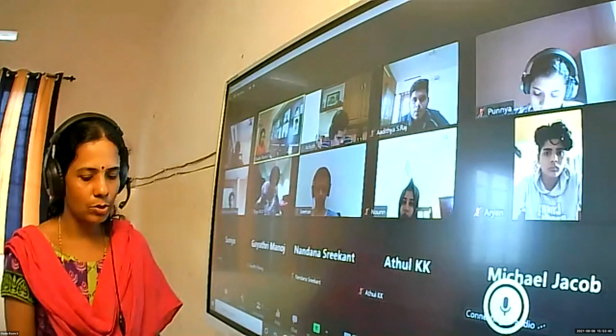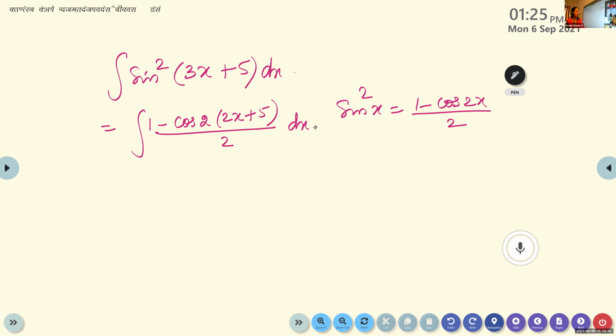So sine square 3x plus 5 will become integral of 1 minus cos of 2 times 3x plus 5, all by 2, into dx. So it will be integral of 1 minus cos 4x plus 10 by 2 into dx.